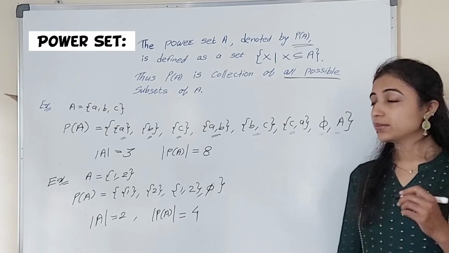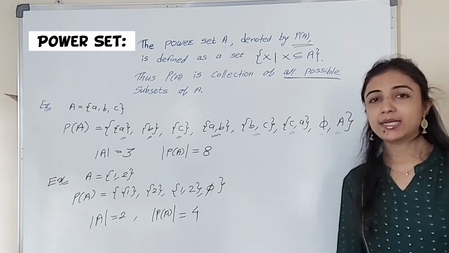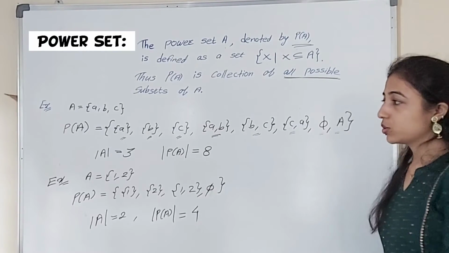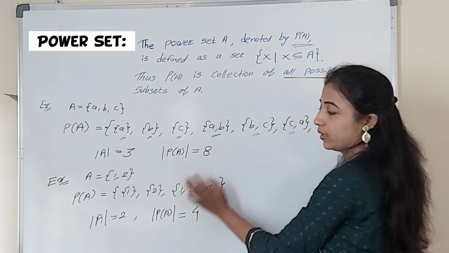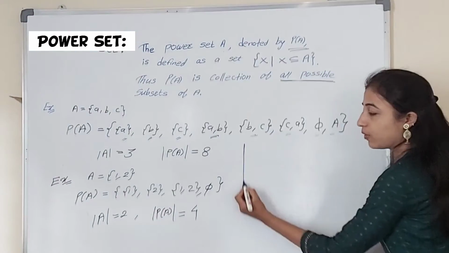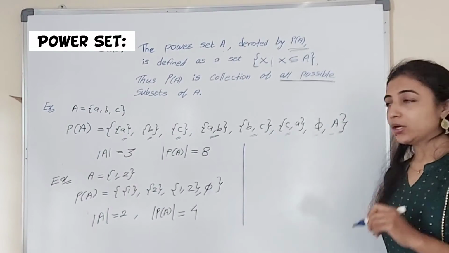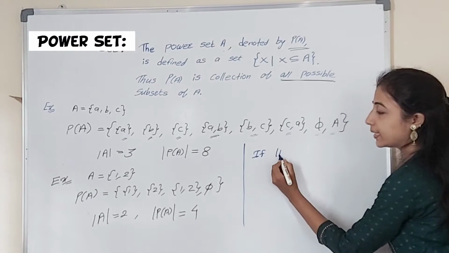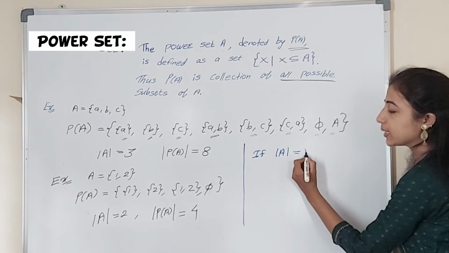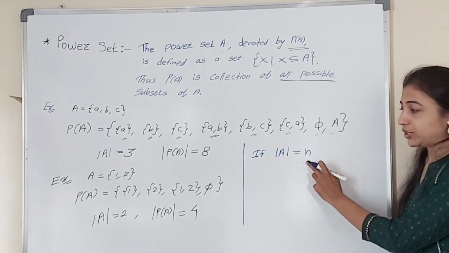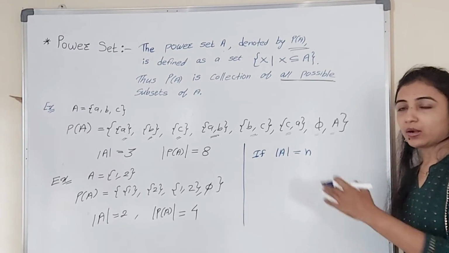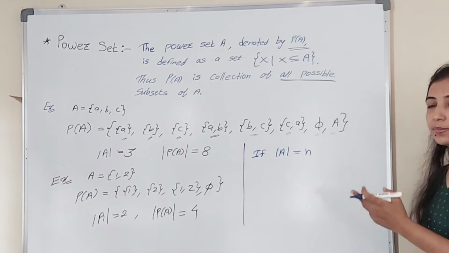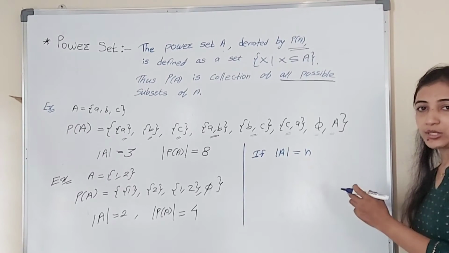Now what is the relation between the cardinality of set A and the power set, how are these numbers coming? If you observe these numbers, for 3 we get 8, for 2 we get 4. The formula for finding the cardinality of power set A: if the cardinality of set A is n, where n is a natural number, so obviously if we are counting the numbers 1, 2, 3, 4, 5, this process will terminate at a certain natural number.